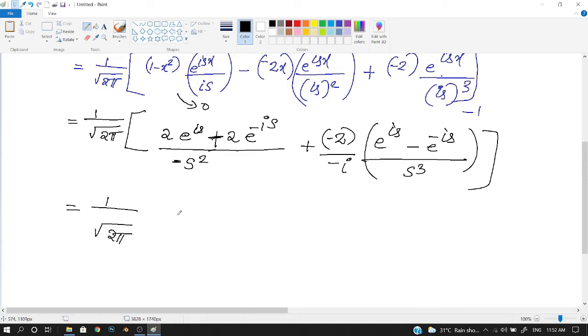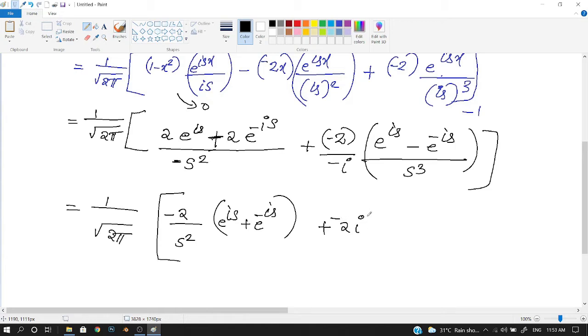Now here minus 2 by s square, e raised to is plus e raised to minus is, then plus minus minus cancelled, 2 by i means 2 into, here 1 by i is minus i, so minus i, then e raised to is minus e raised to minus is, by s cube is there.